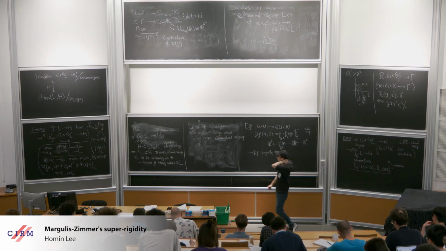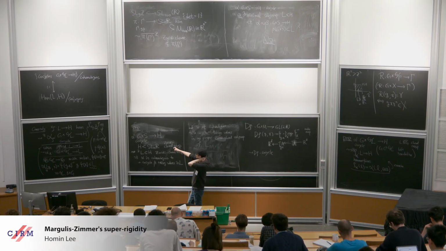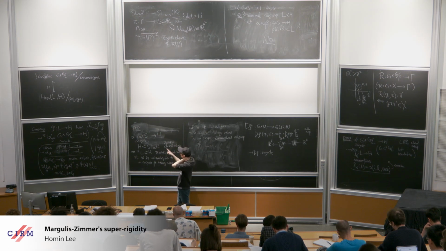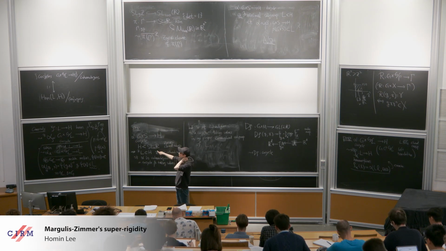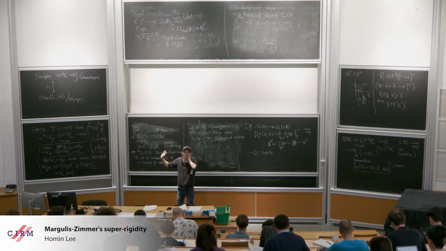If your target is algebraic, I always refer to a Zariski closed subgroup of SL_m(R) as an algebraic group.